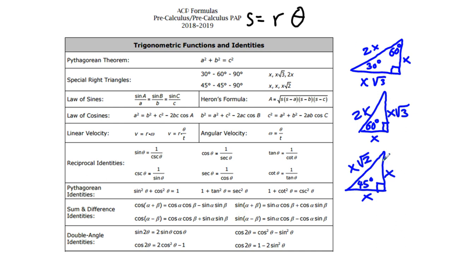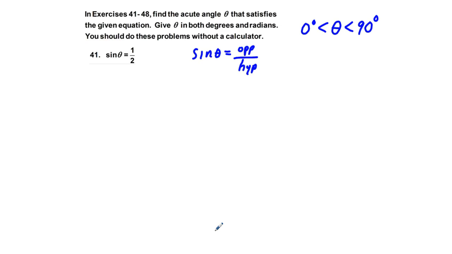Where do we see a 1/2? Well, here we have it, this x over 2x. So we will say sine 30 degrees equals our opposite side over our hypotenuse, which is 2x, which cancels to be 1/2.